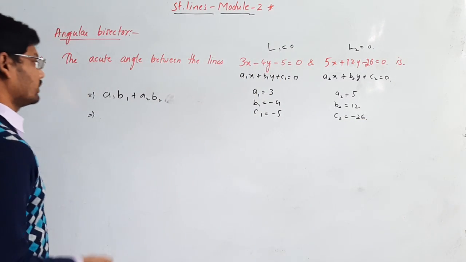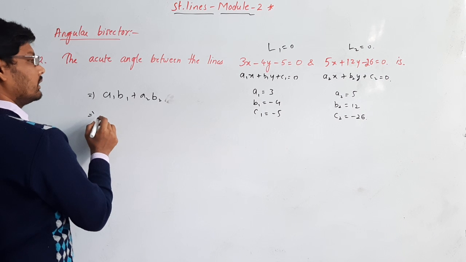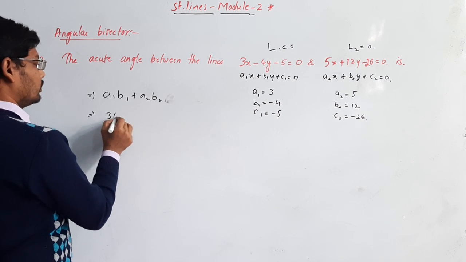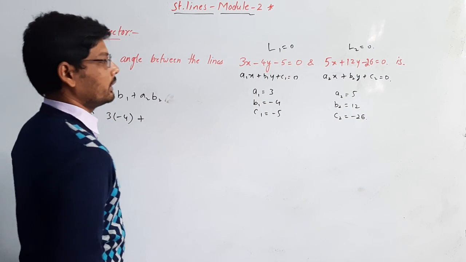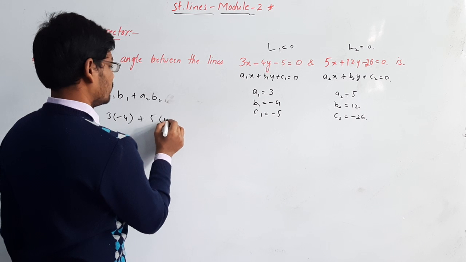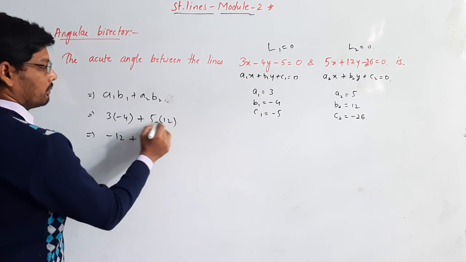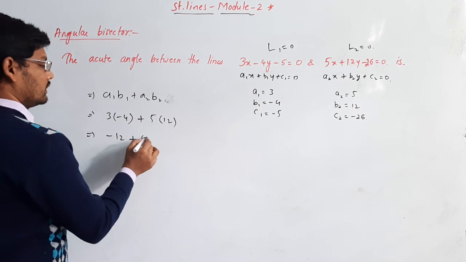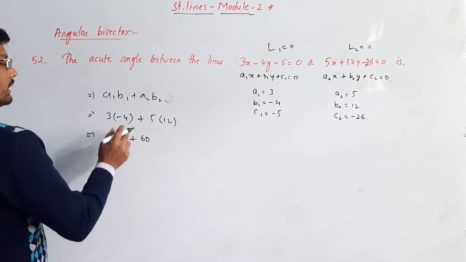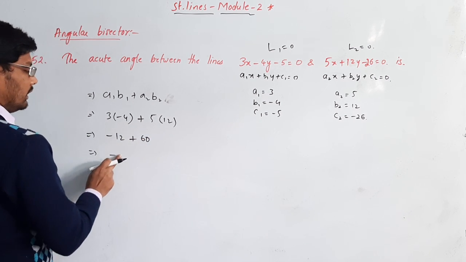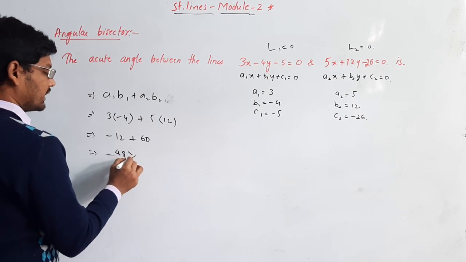So let's substitute the values of a1 b1 and a2 b2. a1 b1 is 3 into minus 4, plus a2 b2, 5 into 12. So minus 12 plus 60, so it will be plus 48. Plus 48 is greater than 0.